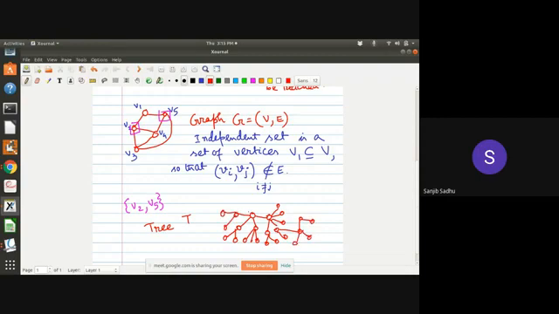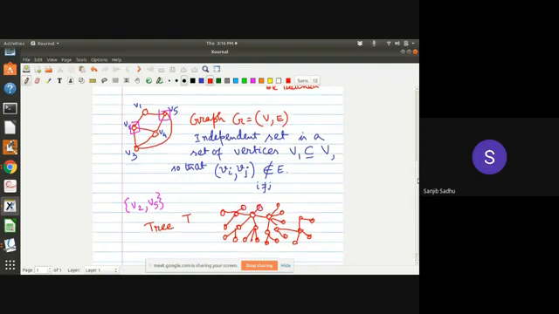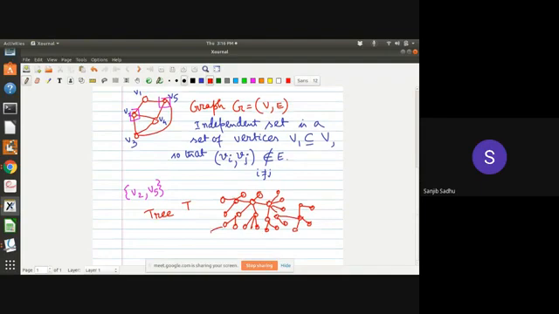Randomly, you can assign as many edges as you want. So these are the nodes, and these are the edges. So basically this is the tree.